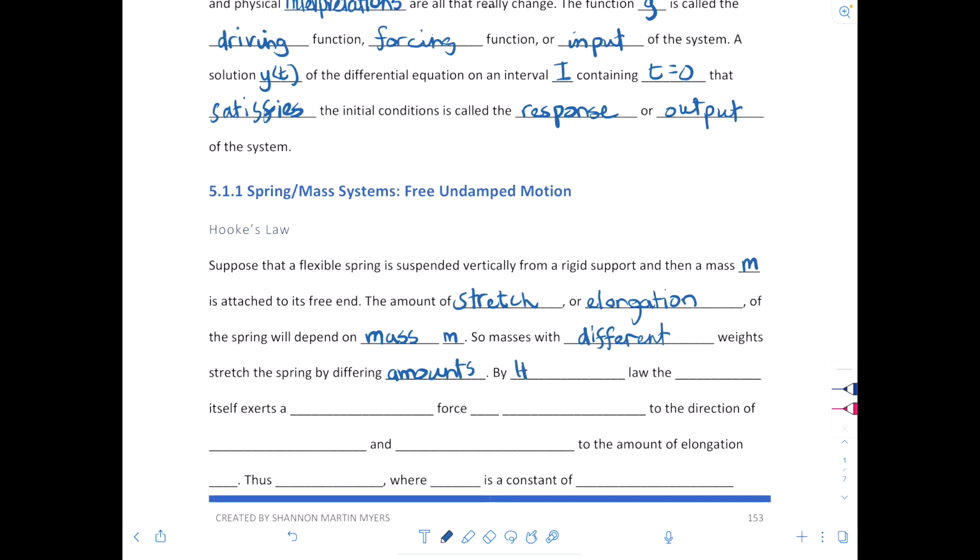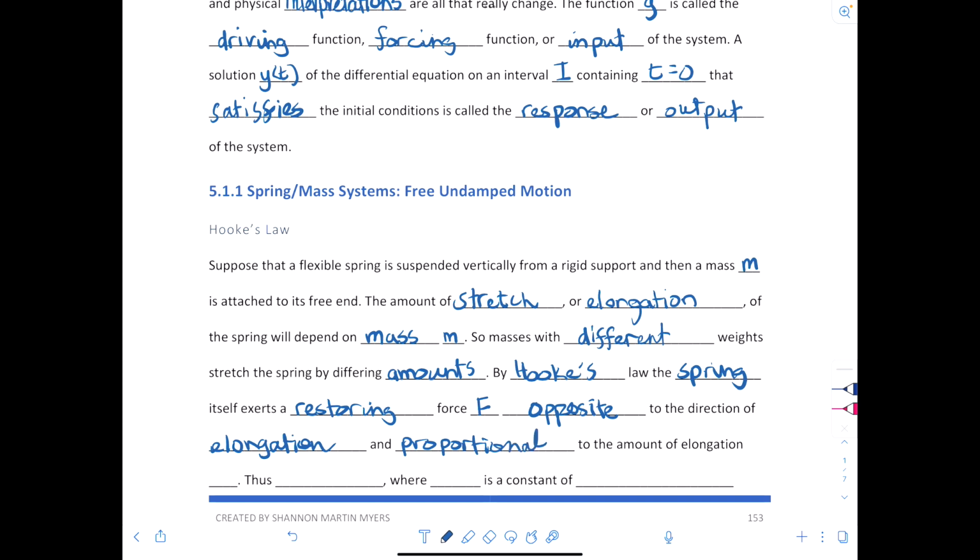By Hooke's law, the spring itself exerts a restoring force, F, opposite to the direction of elongation and proportional to the amount of elongation, which is denoted by s.